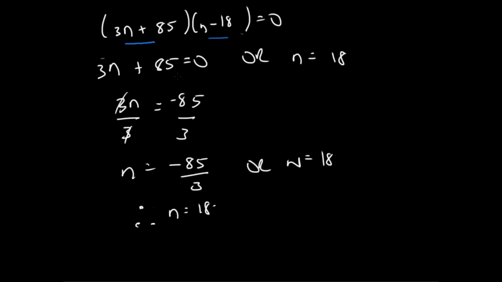And that gives me 3n plus 85 is equal to 0, or n minus 18 is equal to 0, giving me a value of n is equal to 18, or 3n is equal to negative 85. Sorry, we divide by 3 on both sides, and n is equal to negative 85 over 3, or n is equal to 18. However, the number of terms cannot be negative, and it cannot be a fraction. So our answer must be n is equal to 18.